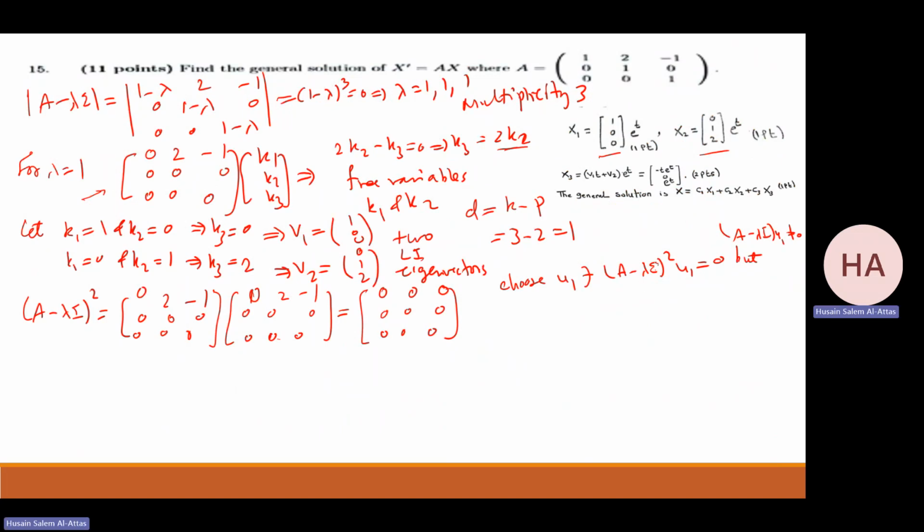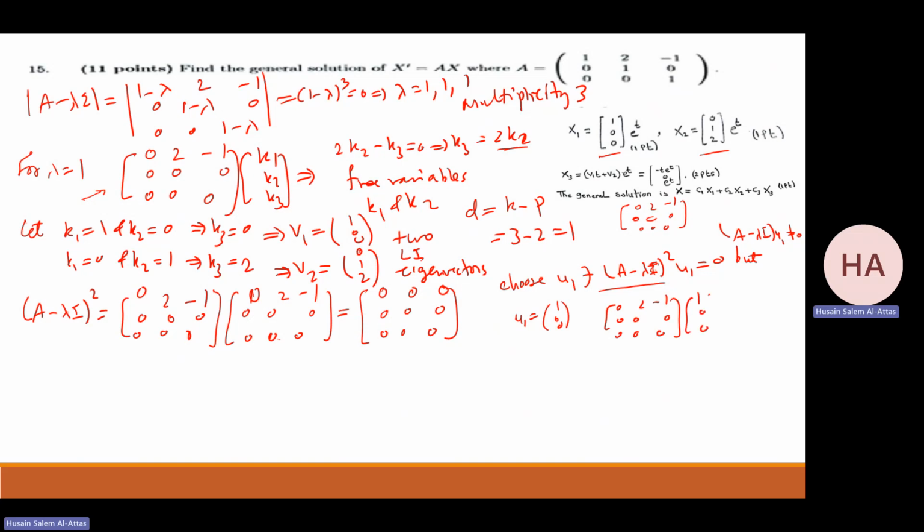This one gave you the zero matrix, so anything can work out. You cannot control it. So now choose U1. What is A minus lambda I? Let me have A minus lambda I in front of me. 0, 2, minus 1, 0, 0, 0, 0, 0, 0. That is A minus lambda I. Now if I choose U1, as usual, 1, 0, 0, this will be 0. So this is not good.